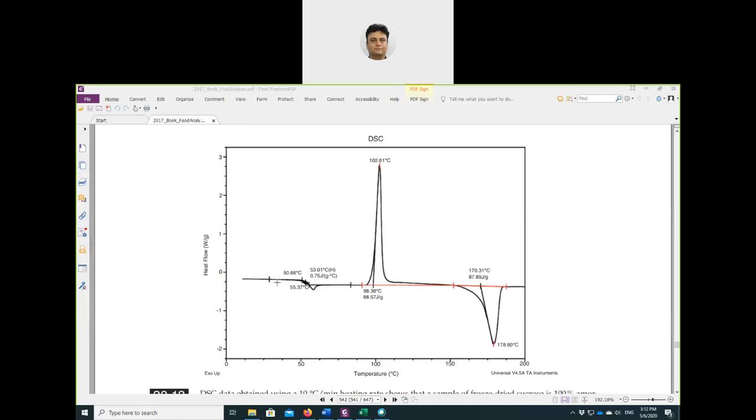If you recognize that your sample has Tg or second order, like this one, it depends. This is also first order. Crystallization is the same as melting, first order, but the glass transition is not exactly the same. So for today we are almost finished.